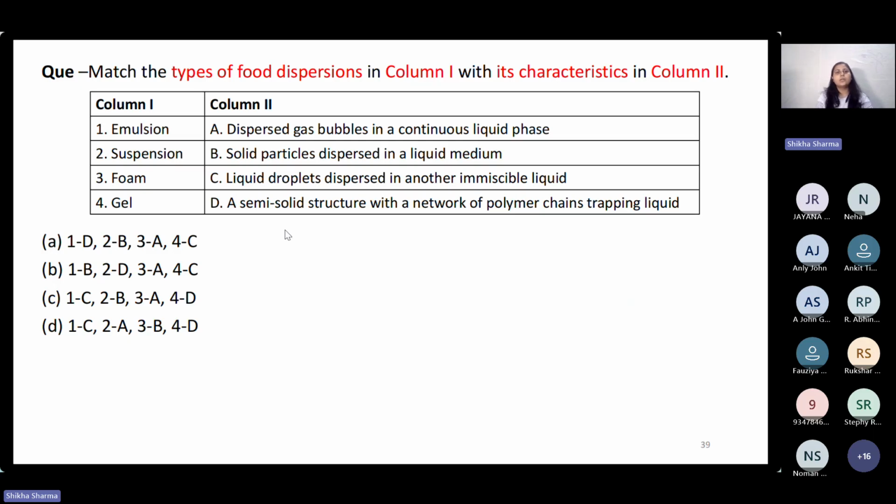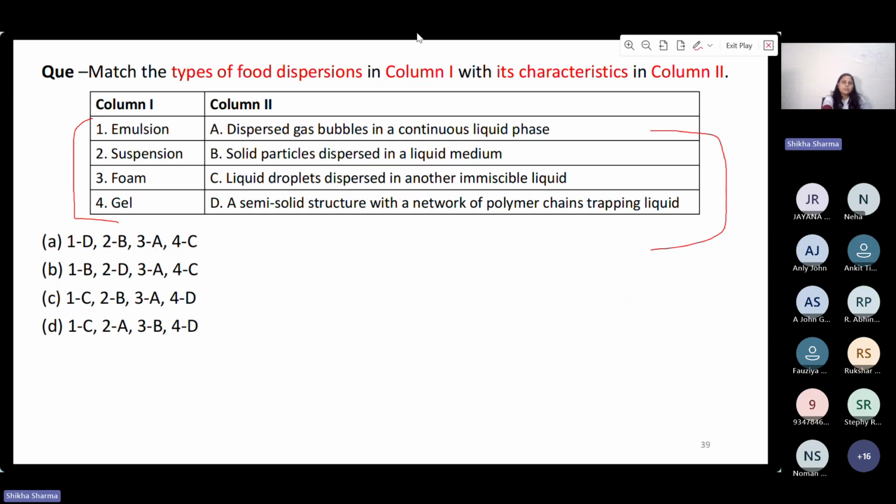In column 1 we have different food dispersions like emulsion, suspension, foam, gel. In column 2 we have their characteristics: A is dispersed gas bubbles in a continuous liquid phase, B is solid particles dispersed in a liquid medium, C is liquid droplets dispersed in another immiscible liquid, and D is a semi-solid structure with a network of polymer chains trapping liquid.